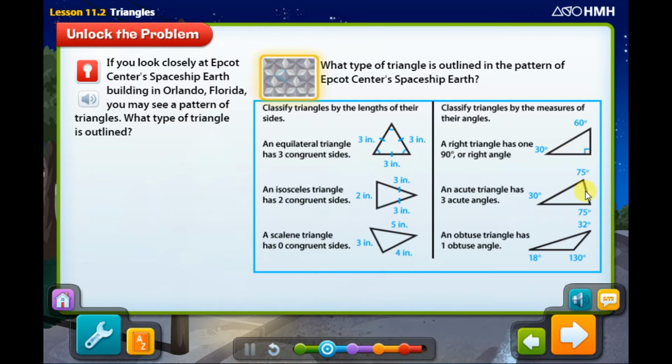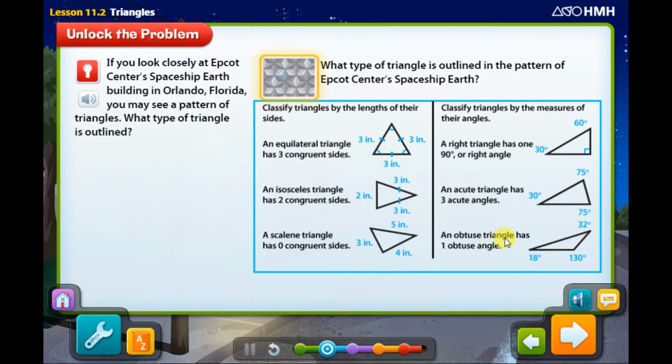What does the word acute mean? Acute means small angles, smaller than 90 degrees. So if all its angles are smaller than 90, this triangle is called an acute triangle because all its angles are acute.